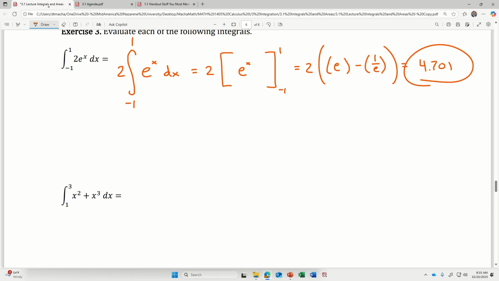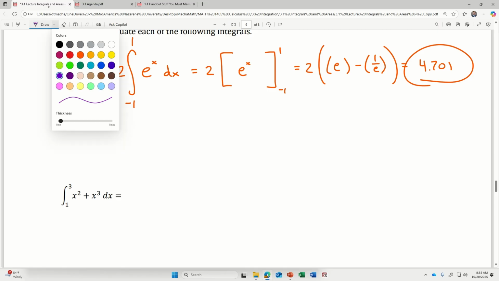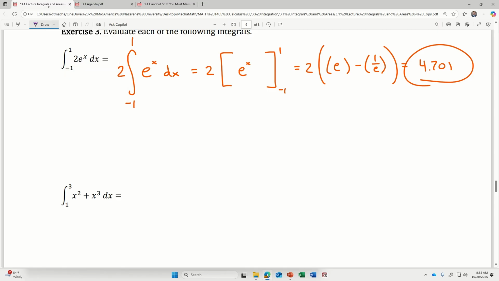Okay, next one. If I have the integral from 1 to 3 of x squared plus x cubed with respect to x, this is the same thing as taking the integral from 1 to 3 of x squared with respect to x plus the integral from 1 to 3 of x cubed with respect to x. This is what we call additivity.